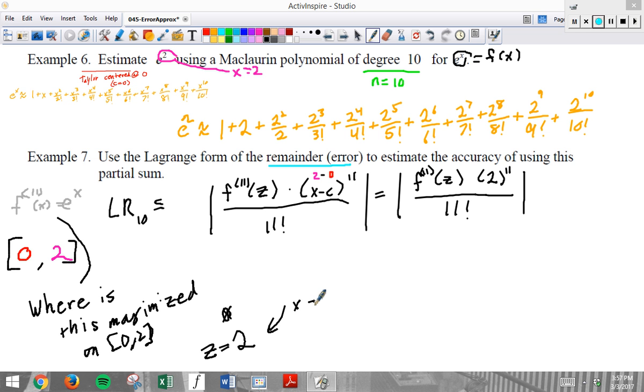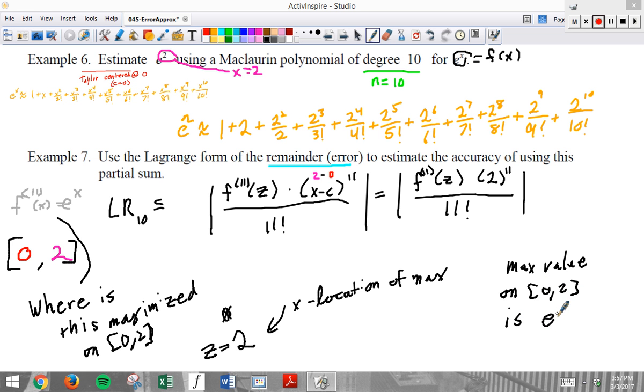The x location of max. So max value is e squared. I plug that z into the derivative.